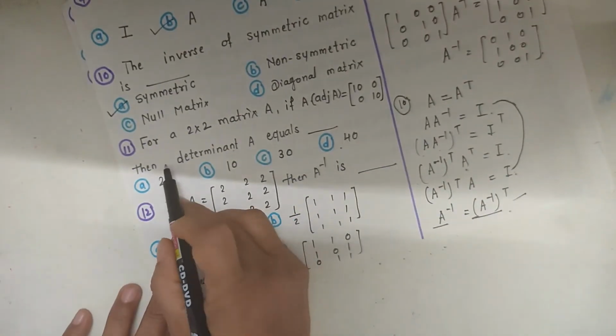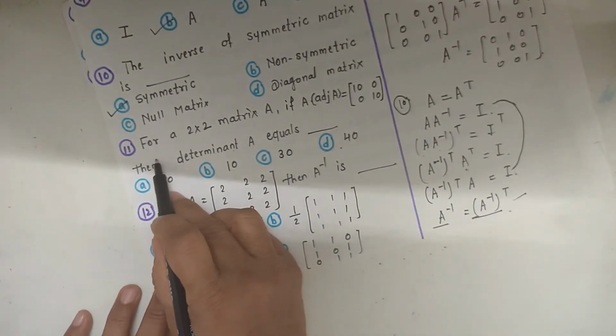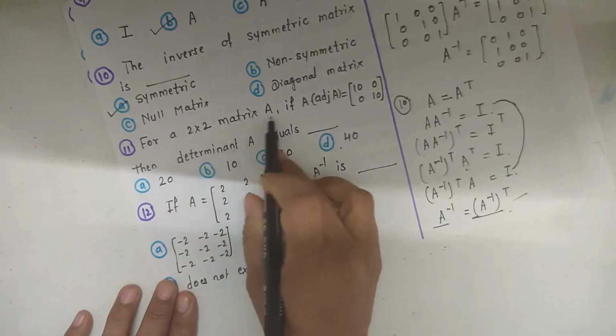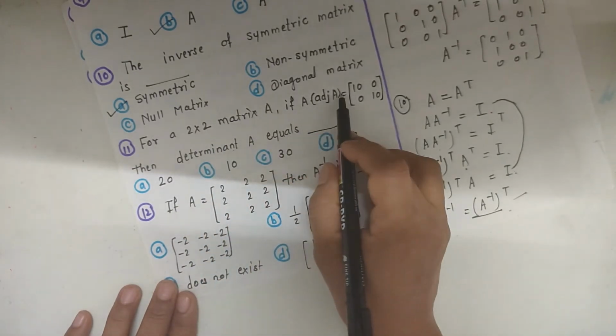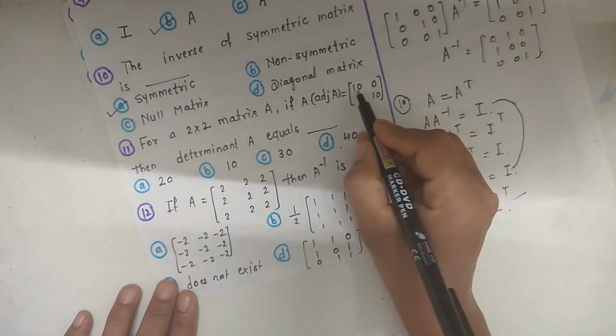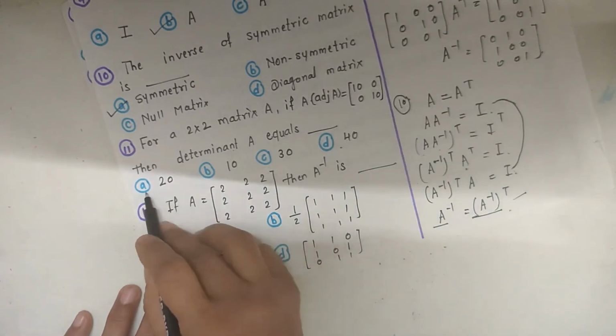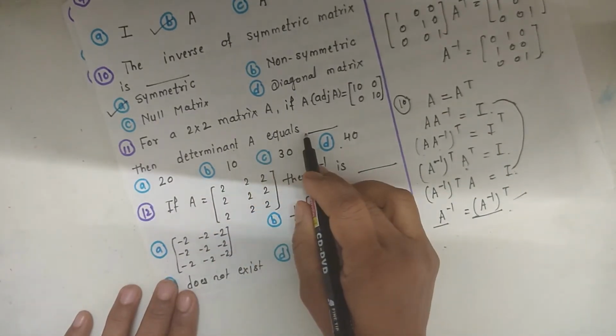Now the next example: for any 2 by 2 matrix A, if A into adjoint of A is equal to 10 0, 0 10, then determinant A equals?